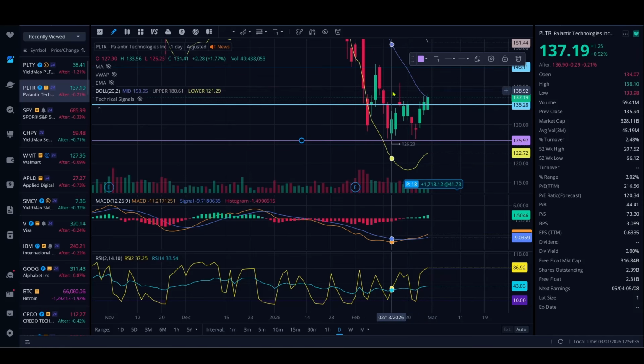And it did bounce off of it and we've come down, and it looks like we again have come down to that area and bounced again. So could we be seeing a bit of a support right here? And it looks like on a short term, that is a bit of a support. But is there something previous to this point that shows us this was a previous support or resistance line?